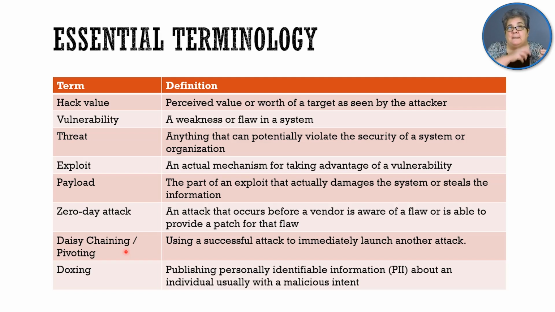When you daisy chain attacks, you do one after another, after another, after another. Often they are dependent on the one before. Pivoting is basically the same concept. I will attack one thing, and from that thing that I broke into right there, I will then launch an attack into something else.